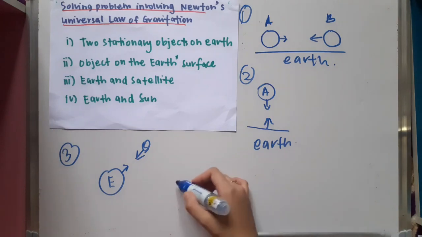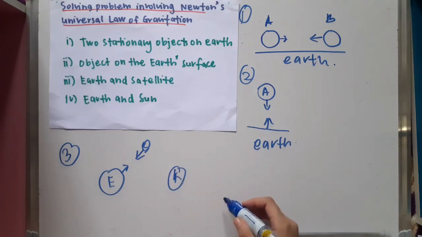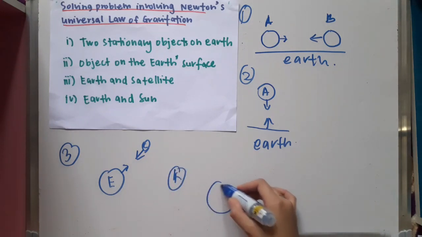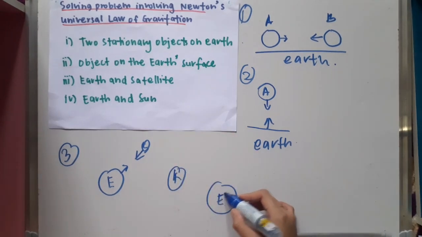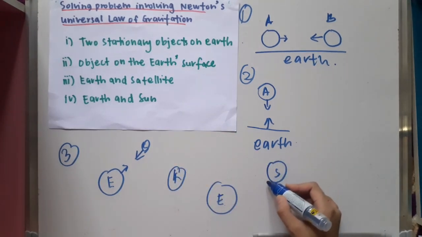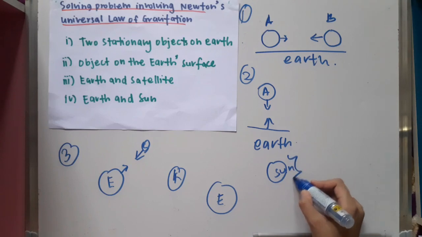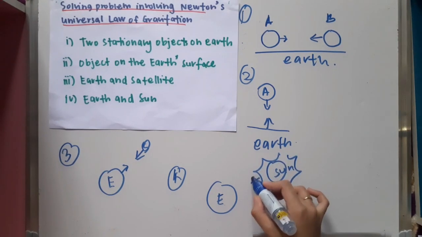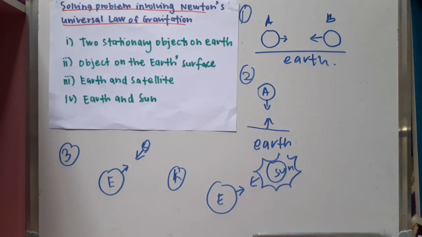And the fourth one is we need to find the gravitational force between the Earth and the Sun. So these are the four important things that we will cover in part A.